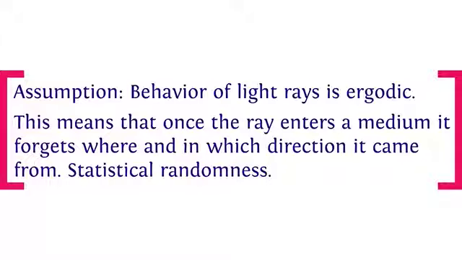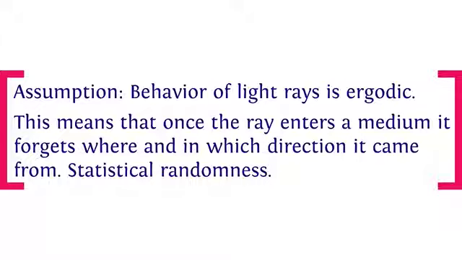Once it enters this medium, it forgot in which direction it came from. Its angle became completely randomized inside this medium. This is what ergodic means. The light ray forgot the direction in which it came from. It lost its memory. It's an important assumption, a little bit abstract, but we'll try to make the point that this is actually a good assumption shortly.